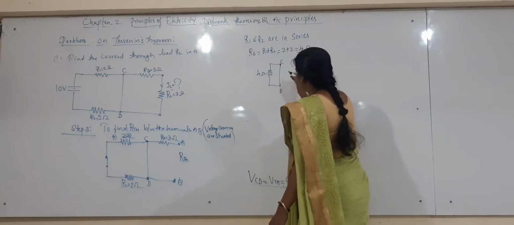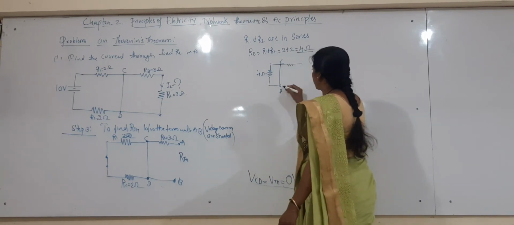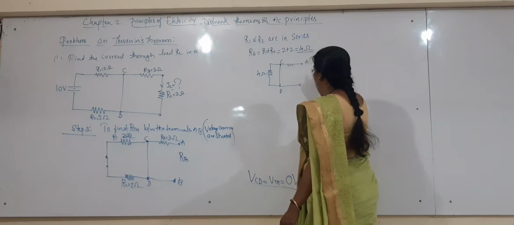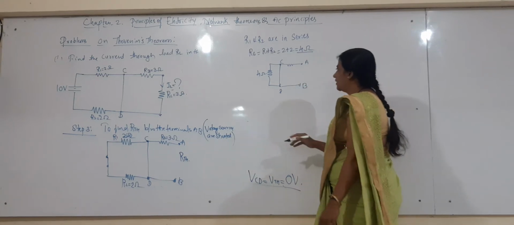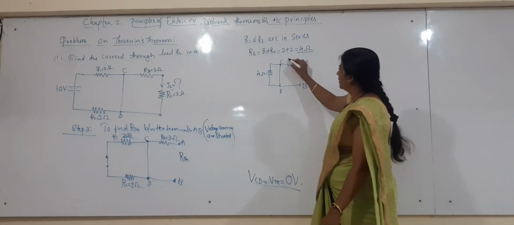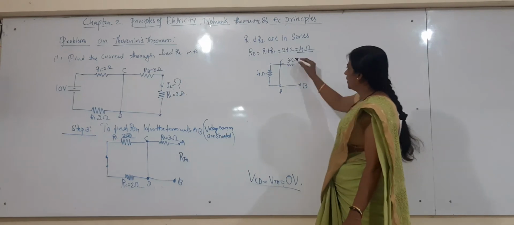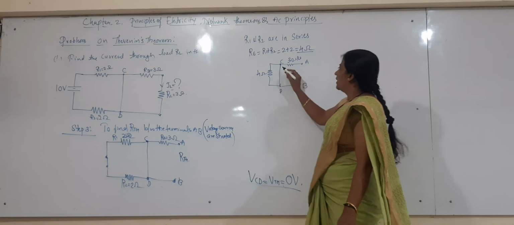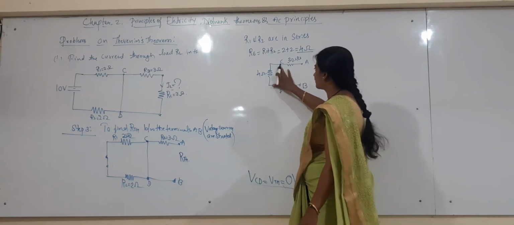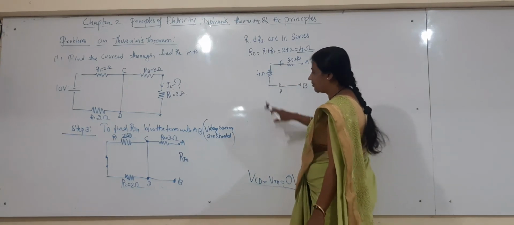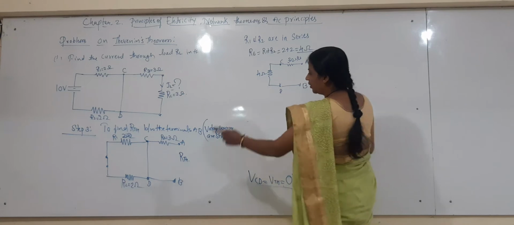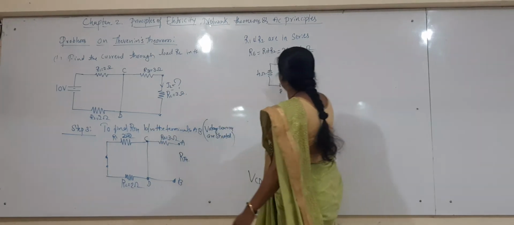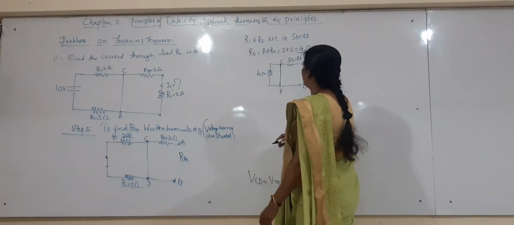So this is a short circuit. Again here, one more resistor between A and B, of 3 ohm, which is our R3. In this circuit, we have converted the two resistors into a 4 ohm resistor, and there is a short circuit wire.